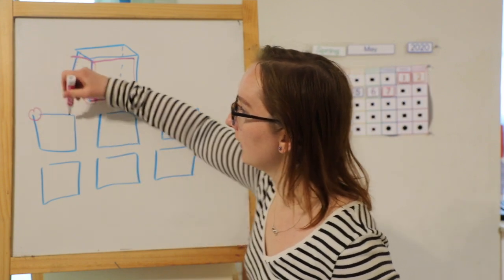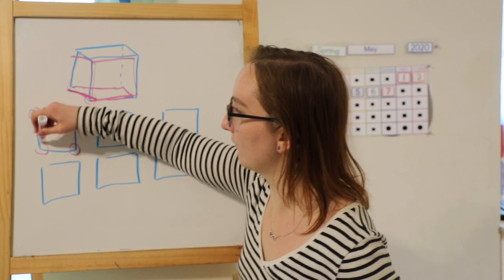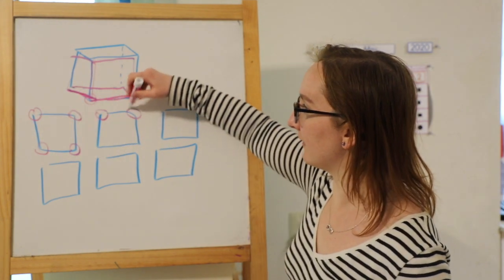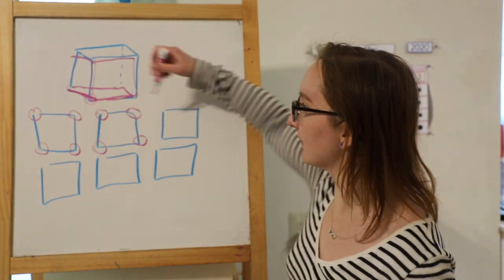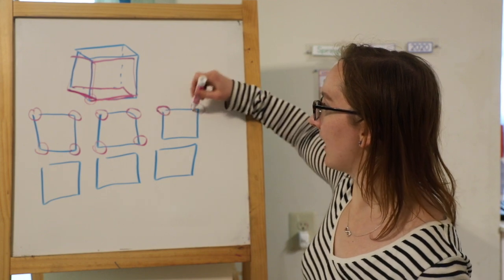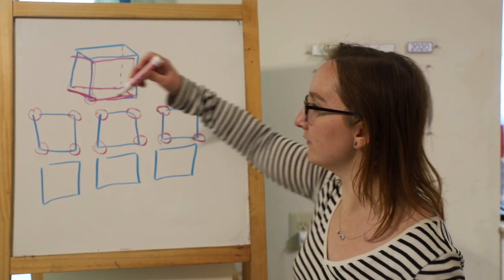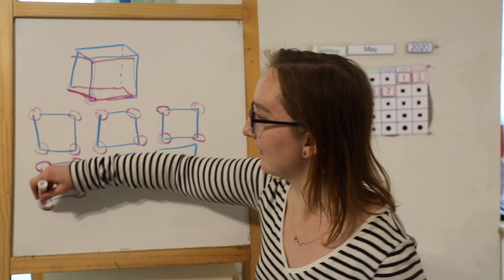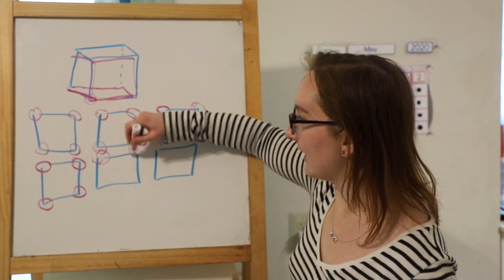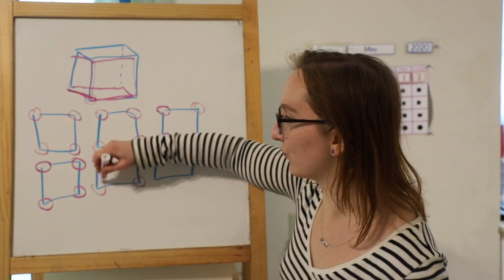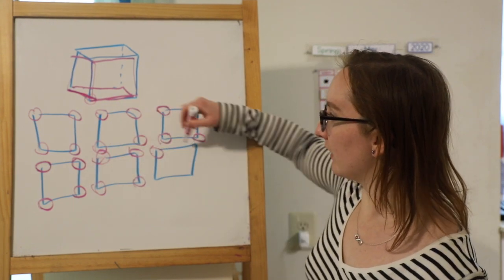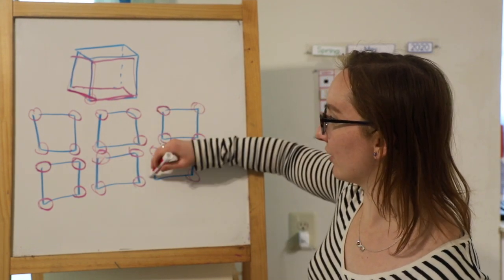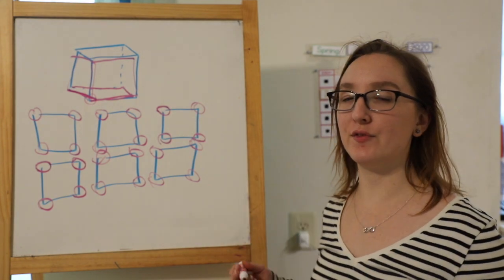Ready? 1, 2, 3, 4, 5, 6, 7, 8, 9, 10, 11, 12, 13, 14, 15, 16, 17, 18, 19, 20, 21, 22, 23, 24.